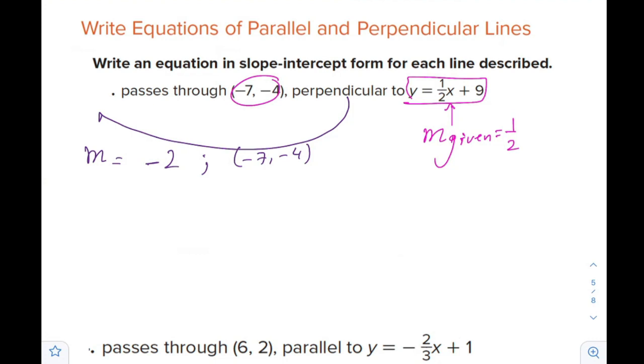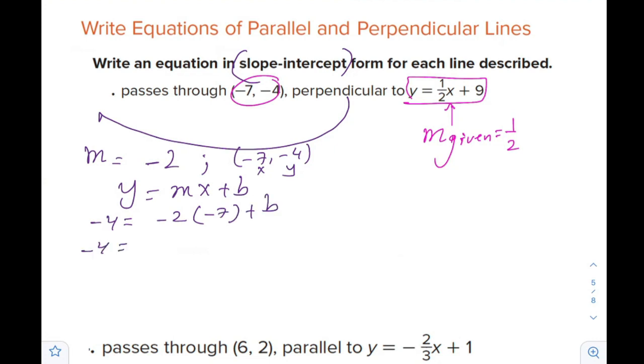So then we will write the equation of a line that is passing through (-7, -4) and has a slope of -2. You are free to choose any form you like, but now he is asking you to use slope-intercept form, which is y equals mx plus b. So what shall I do? The slope is -2. This is x and this is y. To find b, as we have done this many times before: -4 equals 14 plus b.